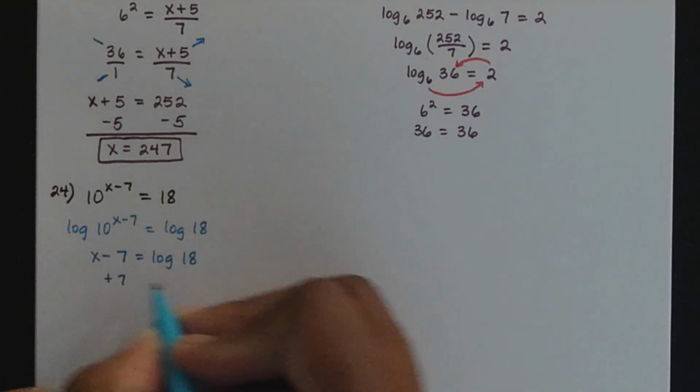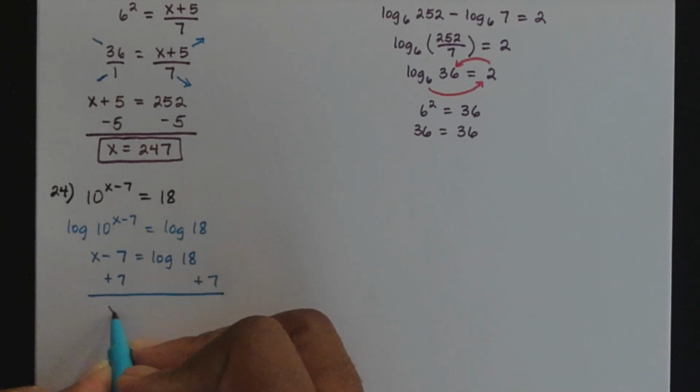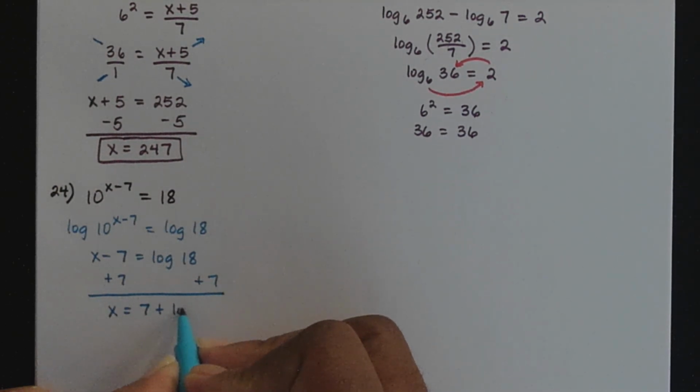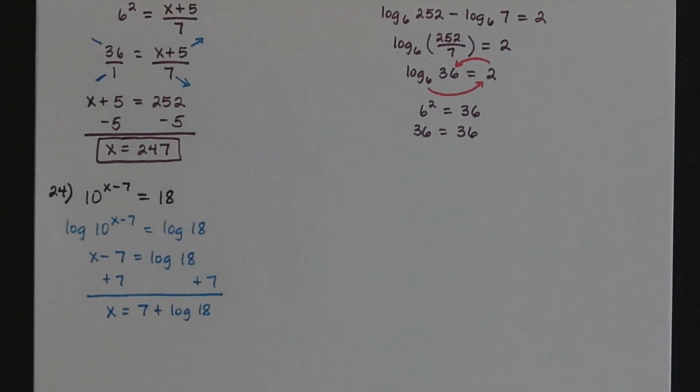Since I'm subtracting 7, I'm going to add 7 to both sides. So here I'm going to have x is equal to, and if you want to, you can put the 7 in front of the log of 18, so it'll be 7 plus log of 18. Or you can say log of 18 plus 7.